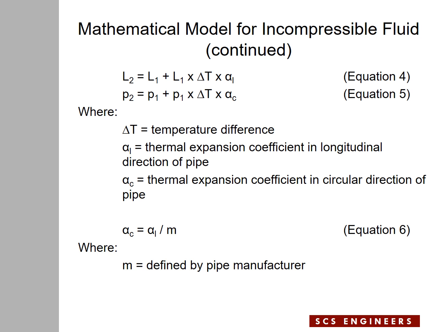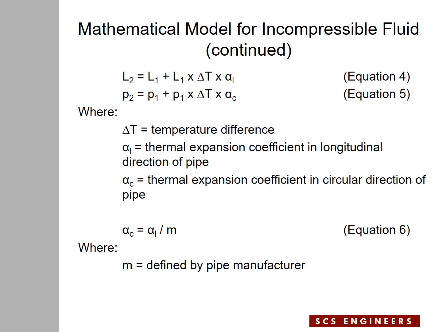The temperature difference can affect the length, so the final length L2 can be expressed in terms of the initial length in the form of L1 plus L1 delta T alpha L, L1 being the initial length, delta T being the temperature difference, and alpha L being the thermal expansion coefficient in the longitudinal direction of the pipe.